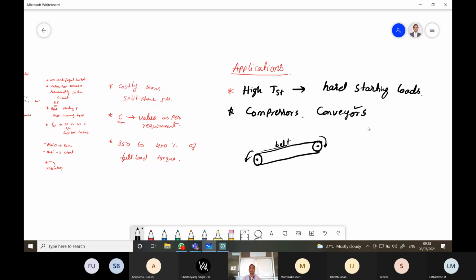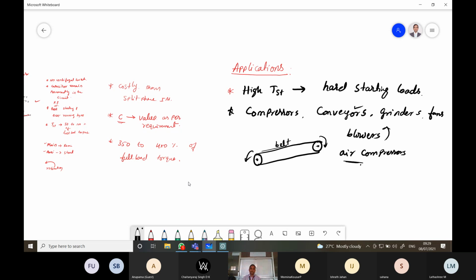The conveyor system, grinders, fans, blowers. What is a blower? In this case the motor is rotating in reverse direction to suck the air from the external atmosphere. That is called a blower. And air compressors. You know the air compressor, which can be used in automobile systems and all these things.